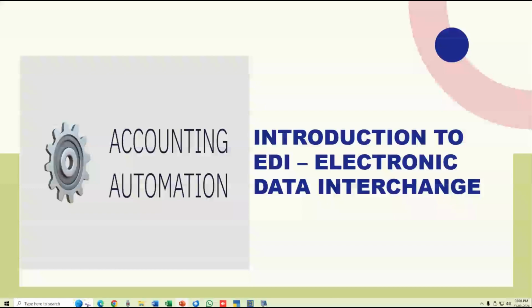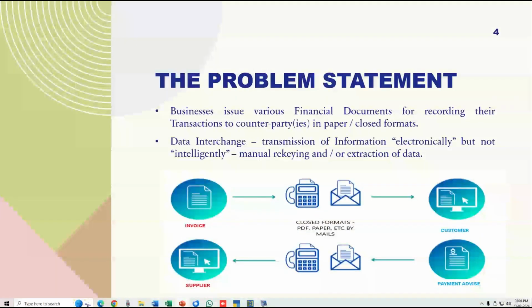So, accounting automation: introduction to EDI or Electronic Data Interchange. The problem statement. What is the problem that we are trying to address with our EDI module? In the present scenario, businesses issue various financial documents for recording their transactions to their trade partners or counterparties in paper or closed formats.